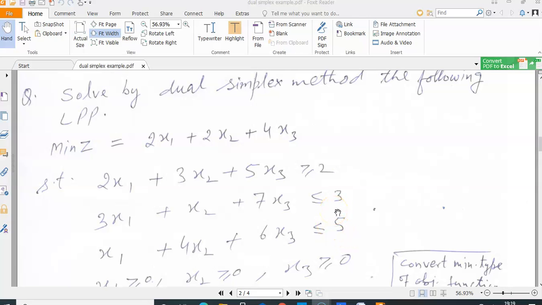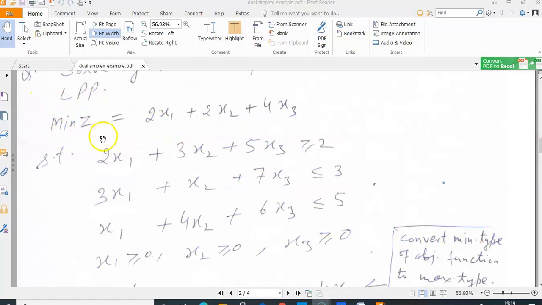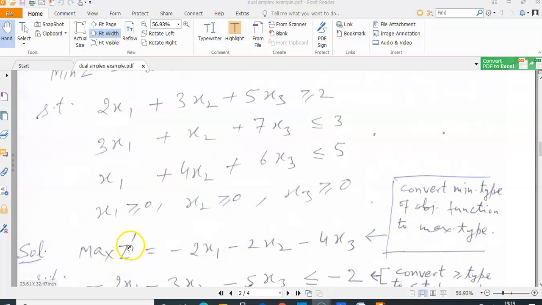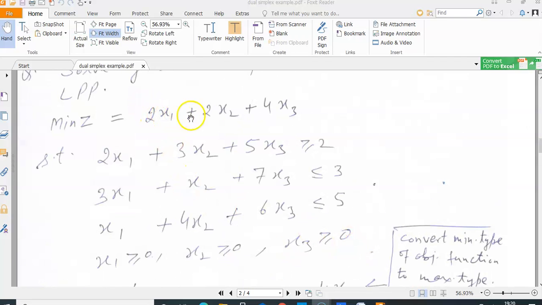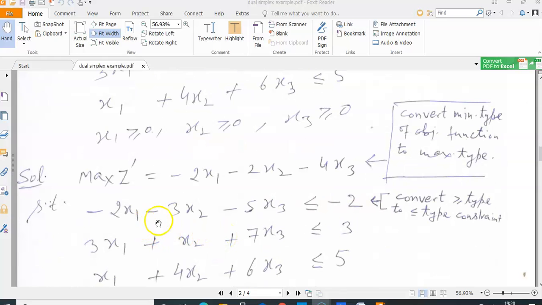We will convert all the constraints to less than or equal to type. Converting the minimization objective function to maximization type, since whenever we apply the simplex method the objective function should be of maximization type: maximize z dash equals minus 2x1 minus 2x2 minus 4x3, by simply multiplying by the minus sign, where z dash is minus z.